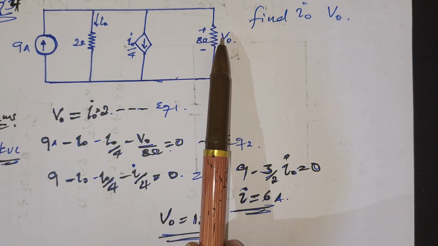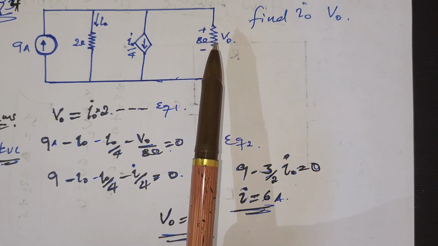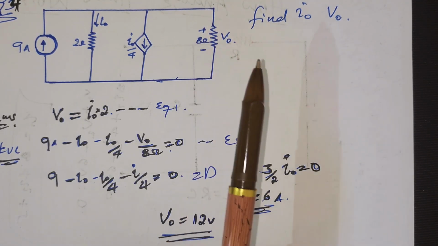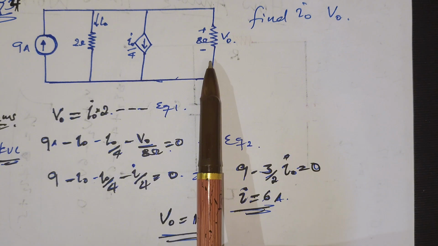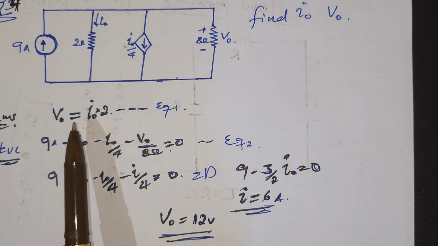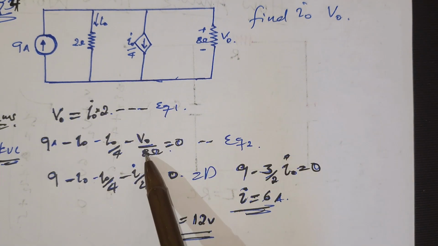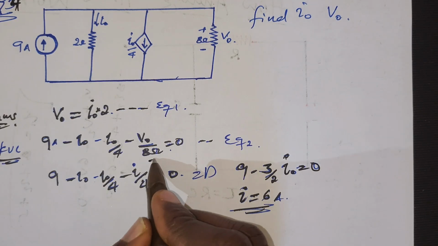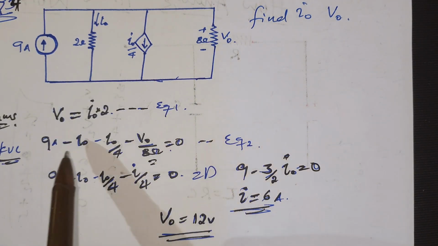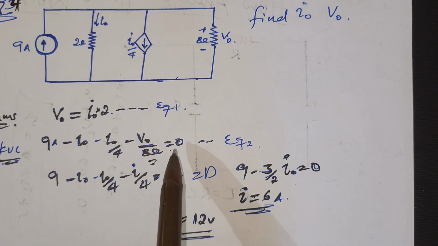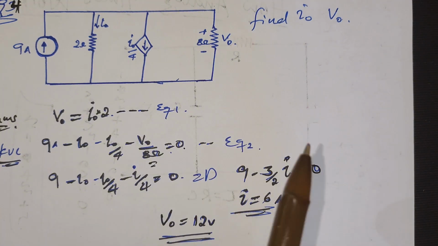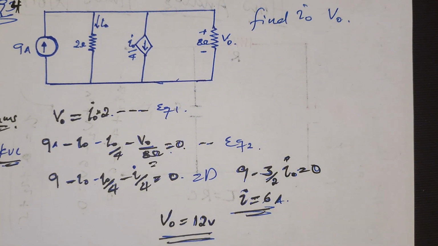So the current on this branch is given by V naught over 8. So the sum is equal to 0. This is one of the applications, combining current sources which are in parallel, or currents on branches which are perfectly parallel.